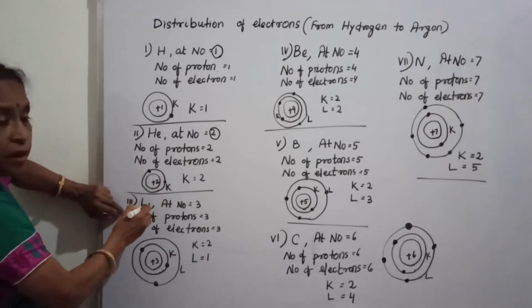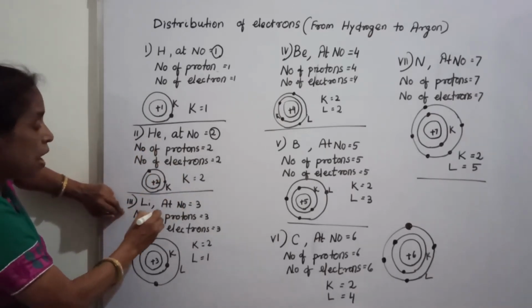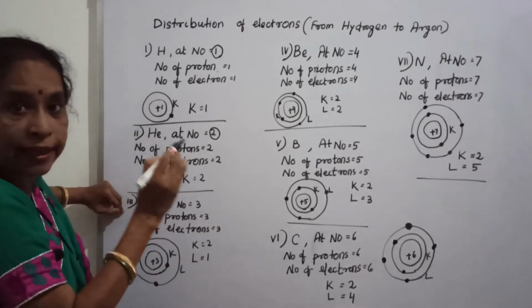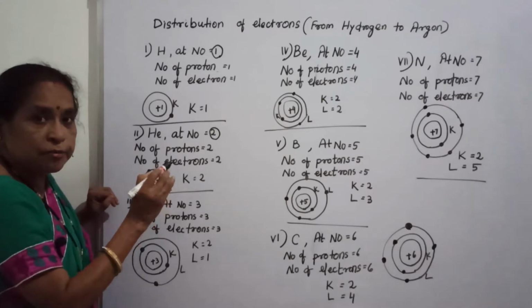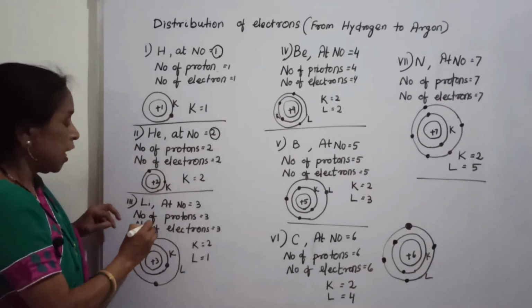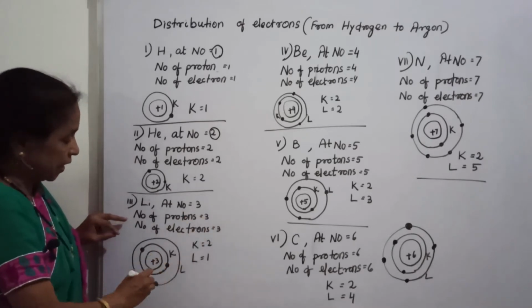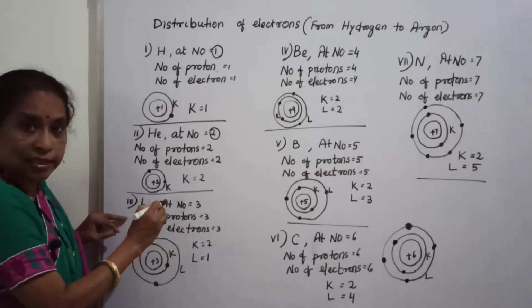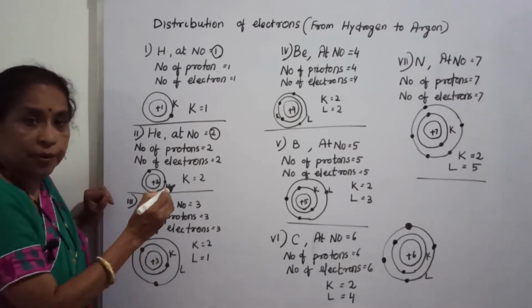Now lithium. In lithium, what is the atomic number? 3. Number of protons equal to 3, that is a positive sign, plus 3 in the nucleus, and number of electrons 3, that means it is surrounded by the shells. Here K, what is the capacity of K?